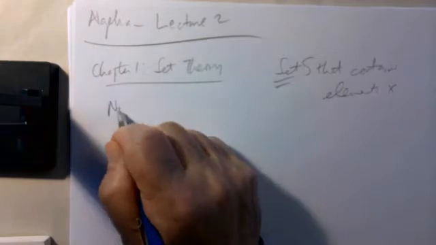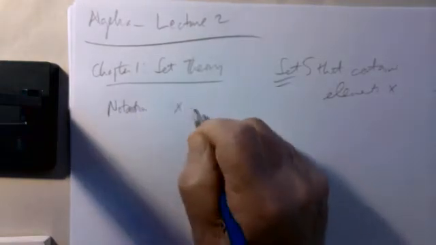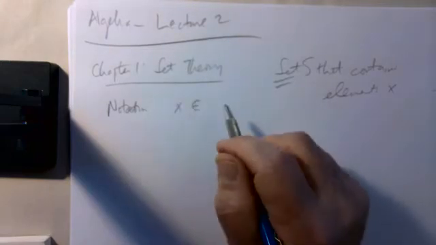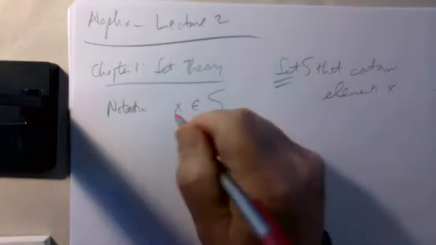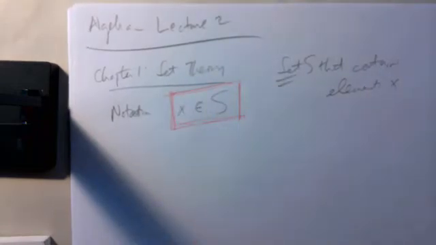So you might have a set S that contains elements X, and the basic notation is an element X. This is a Greek letter epsilon in S. So if you're not familiar with this notation, now you are, because we use it constantly.